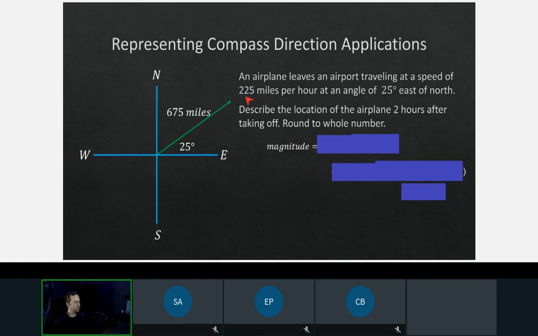Yeah, that still doesn't make 675. I don't know what's going on. Yeah, it's 450. Apparently I can't draw diagrams to match the problem that I'm doing. So that should be 450, not 675.